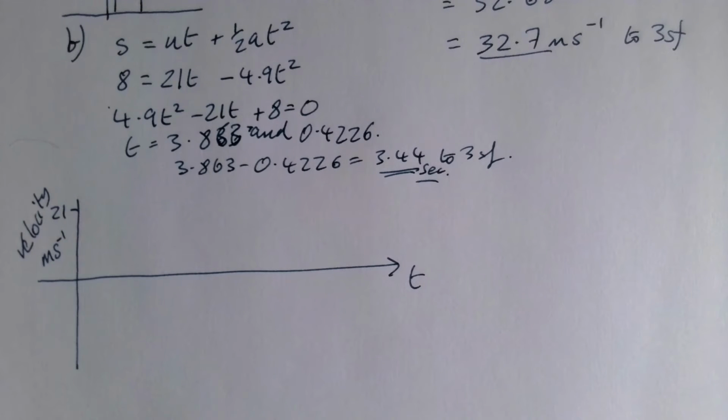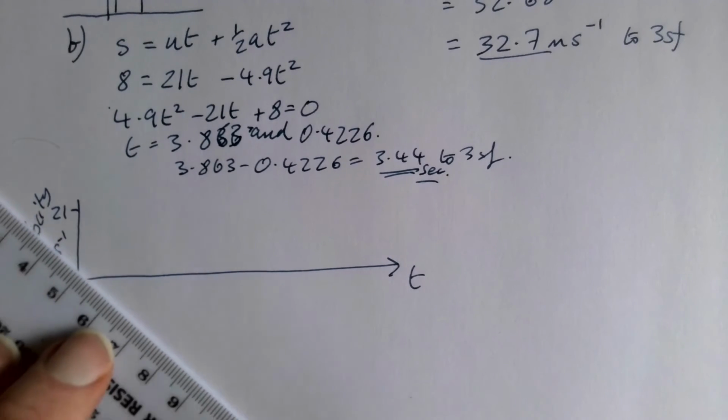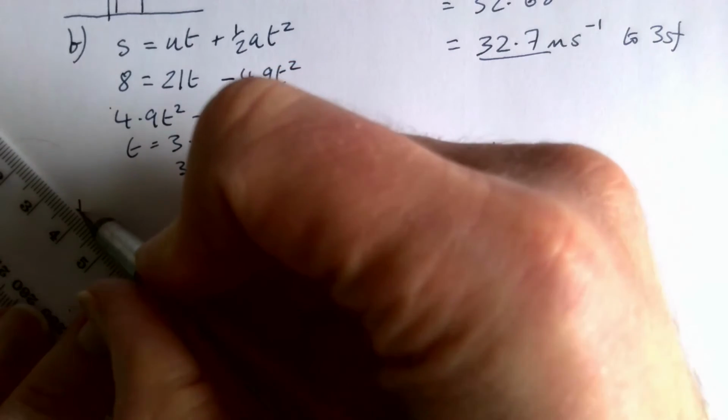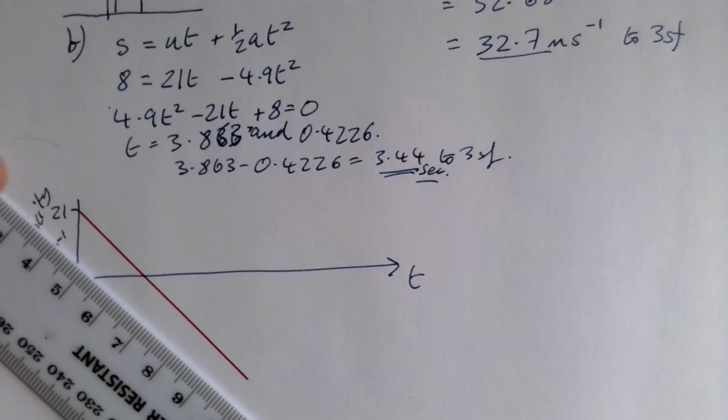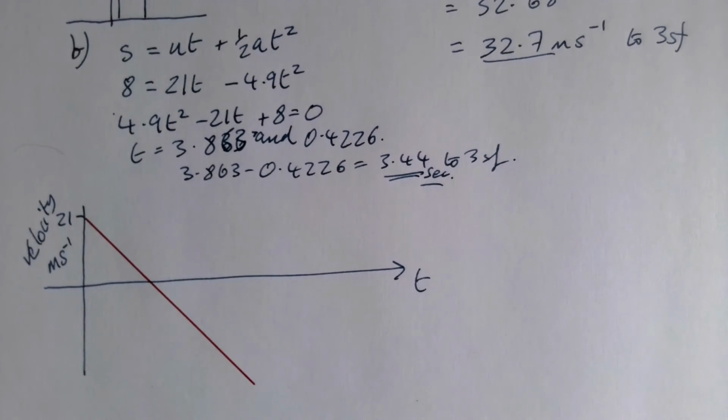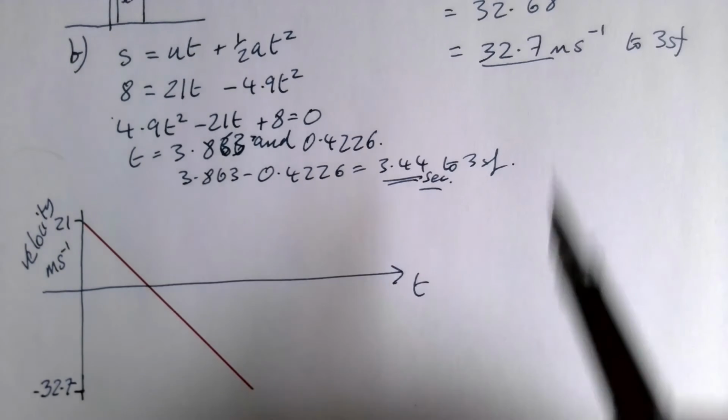So for that reason, we need to find a ruler, and we're going to be wanting a straight line going through, until the point at which it gets to negative 32.7, because that's when it hits the ground.